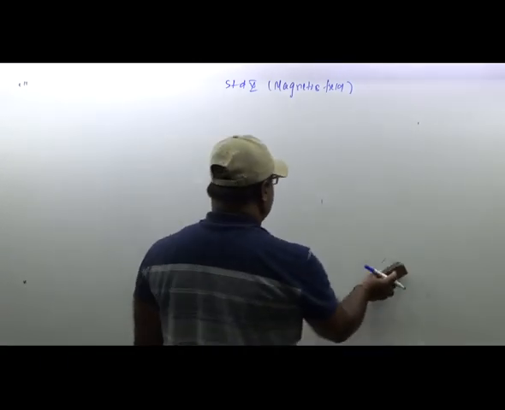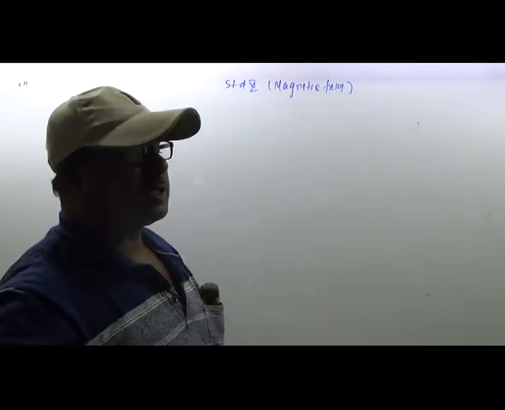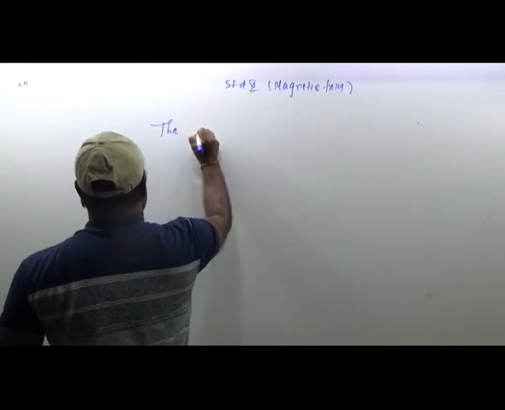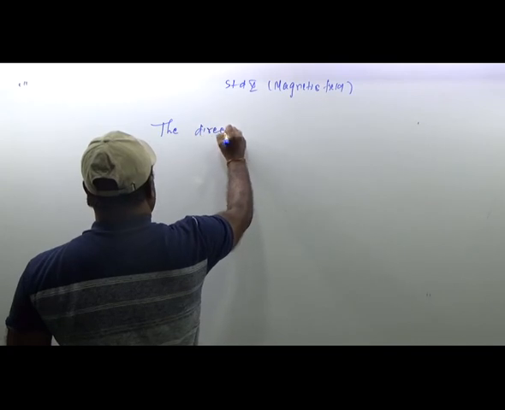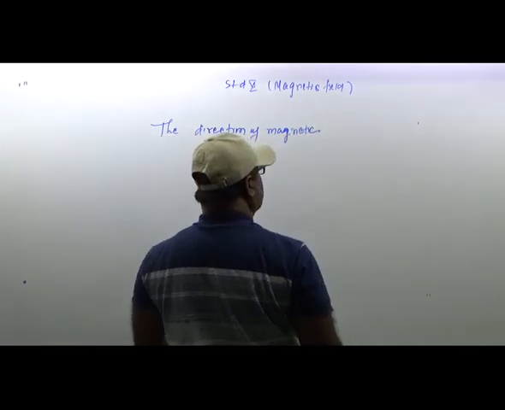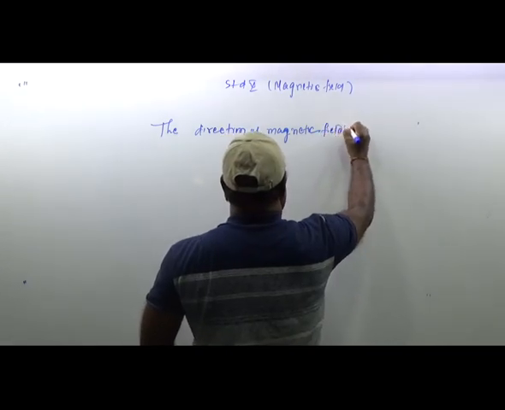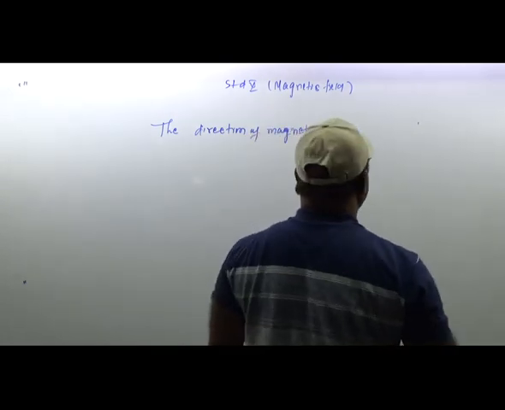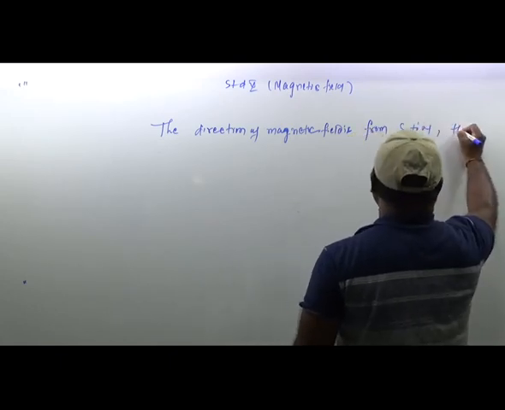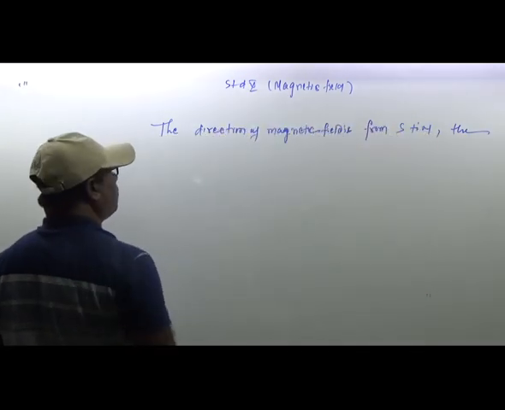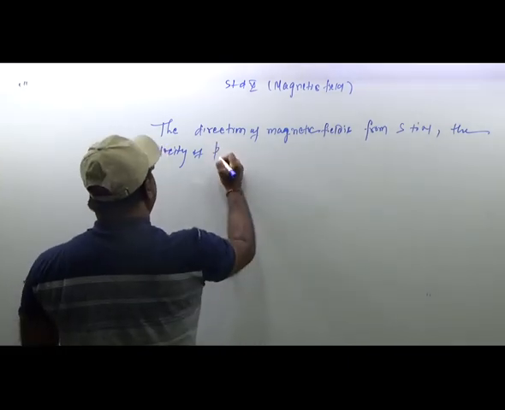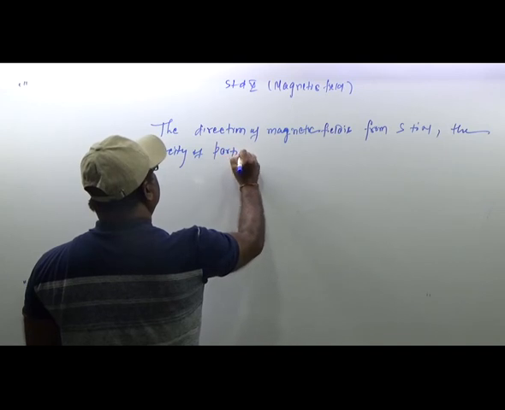So now I am giving you questions. Suppose in an examination you are asked that the direction of the magnetic field is from south to north, and the velocity of the charged particle is outward.